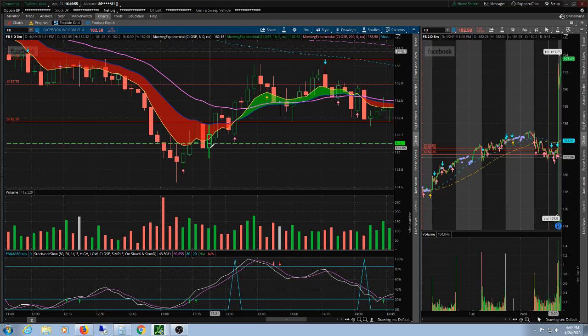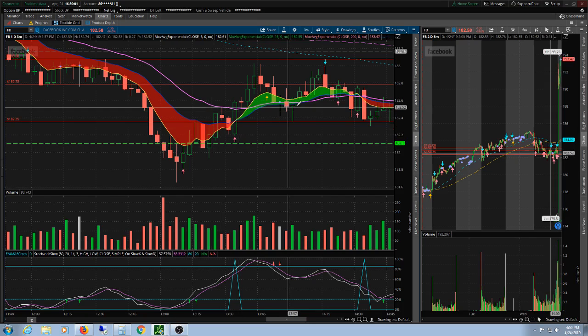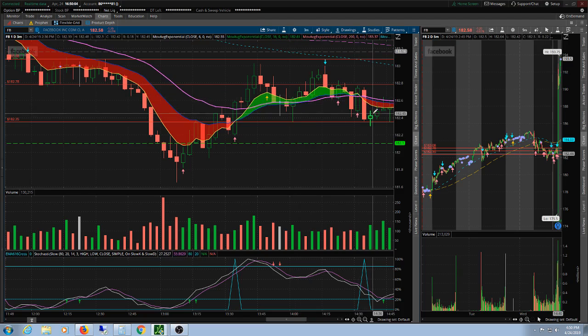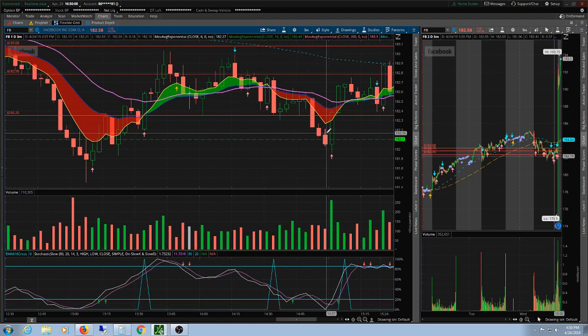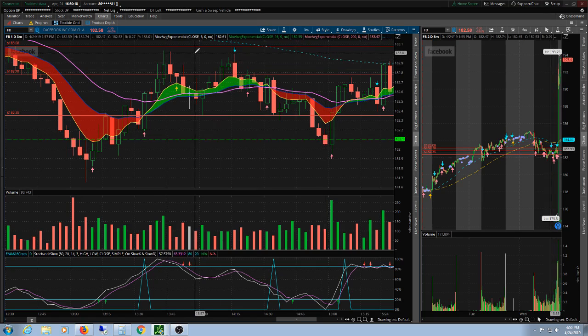I got in here, and I got out at 1458, which would be over here. Okay, that's why I lost money on it. I got out over here at 1458. So it was very small. I got in at 264, got out at 254. I don't know why I didn't sell up here.